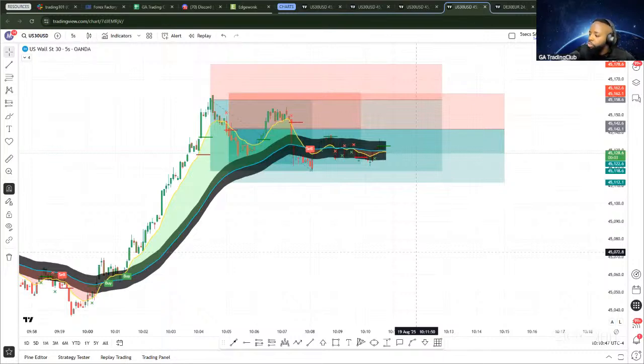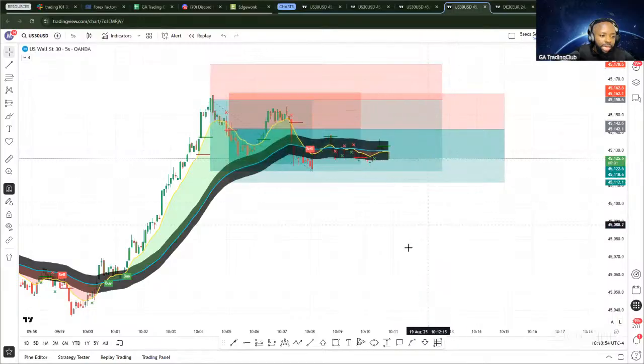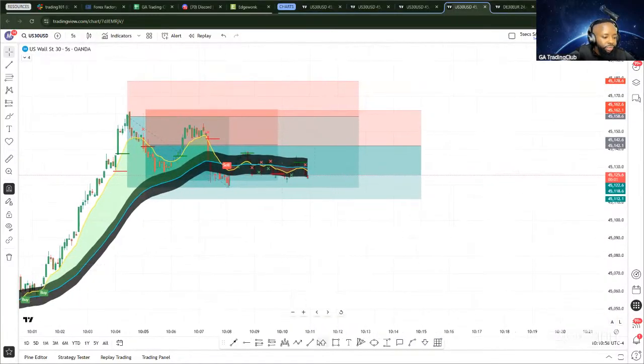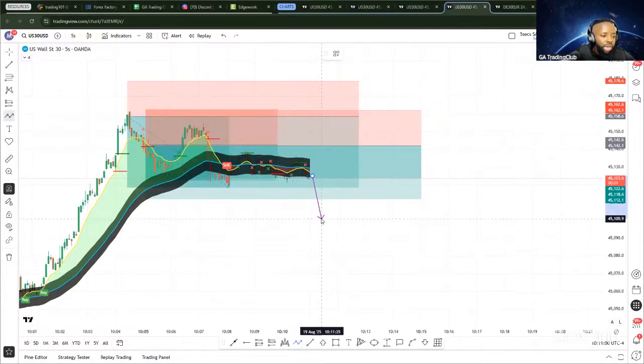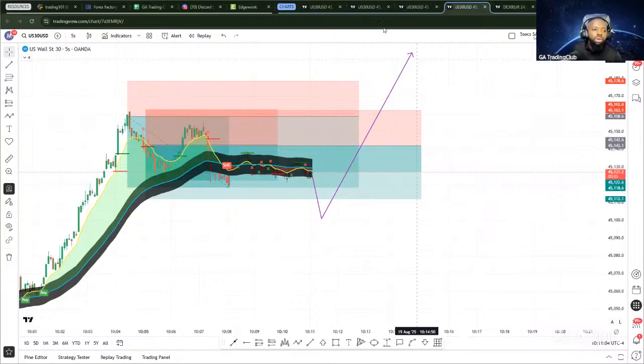So there are times when that will happen. But anyway, I'm still in the other two trades, and hopefully we push down, hit TP for those two accounts, and then go all the way back up.